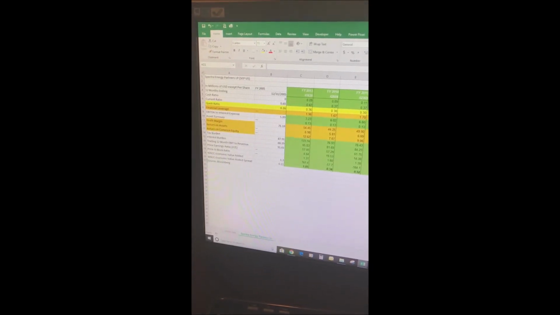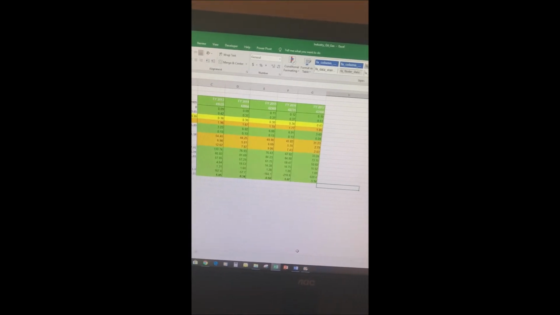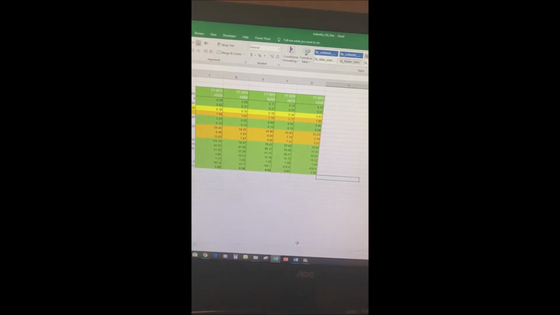As we all know, the primary goal of management is to maximize shareholder wealth. Return on equity is a good tool to determine how well management is performing in that task. A high return on equity shows how much profit is being made compared to how much equity is used to finance operations.